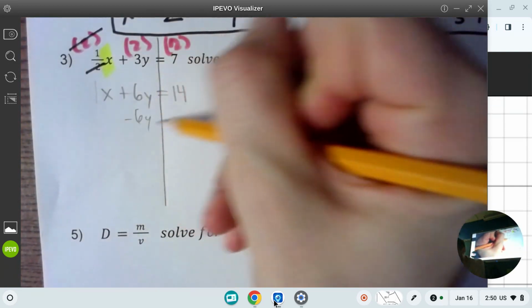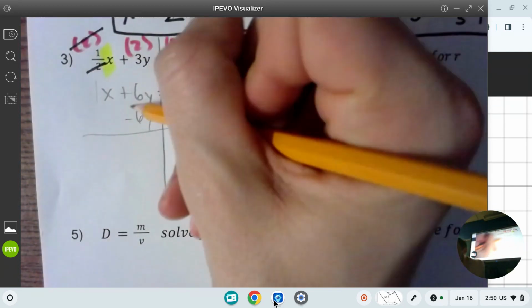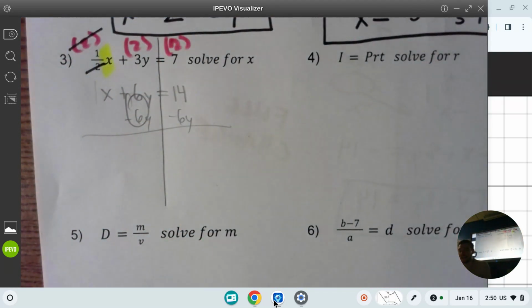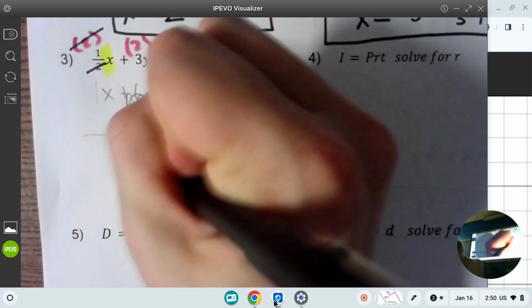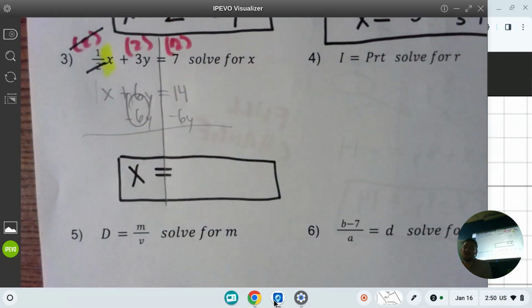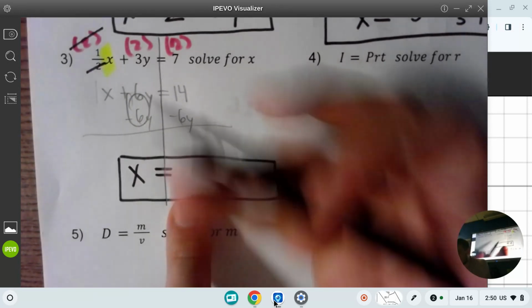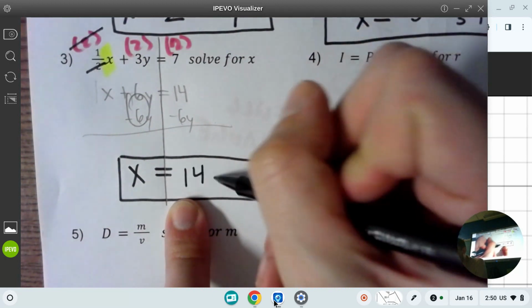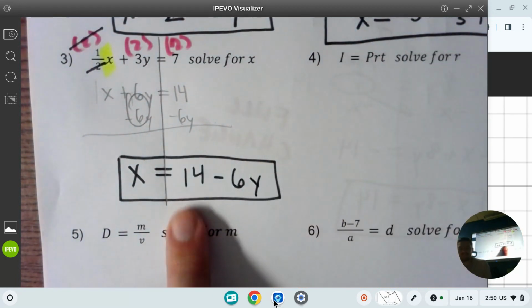Just minus 6y minus 6y. And there you go. We're going to have our answer. And there's 2 different ways to have this answer. It really doesn't matter. You want to put the 14 first, or you want to put the 6 first? 14. Okay, so we can put the 14 first, minus 6y, and that's it.